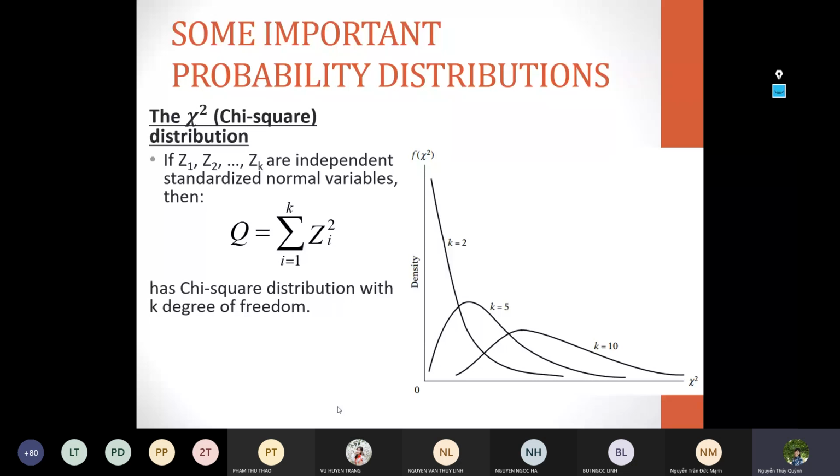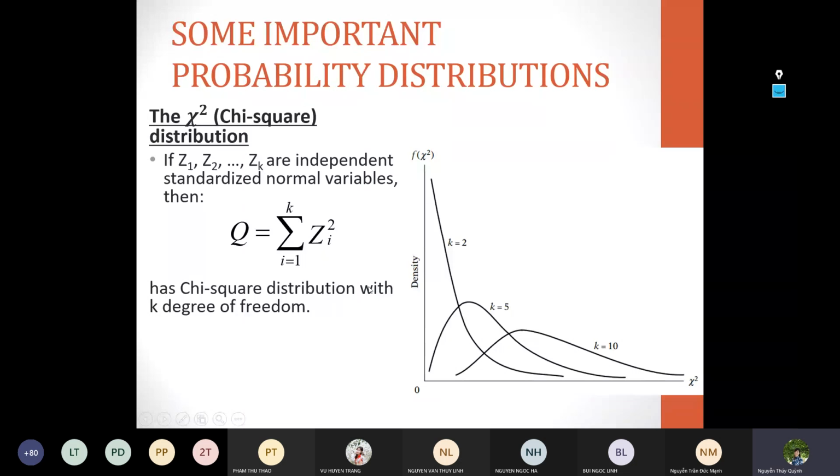This is the case when the degree of freedom is 2, when the degree of freedom is 5, and this is the case when the degree of freedom is 10. The degree of freedom is the number of z in this sum.